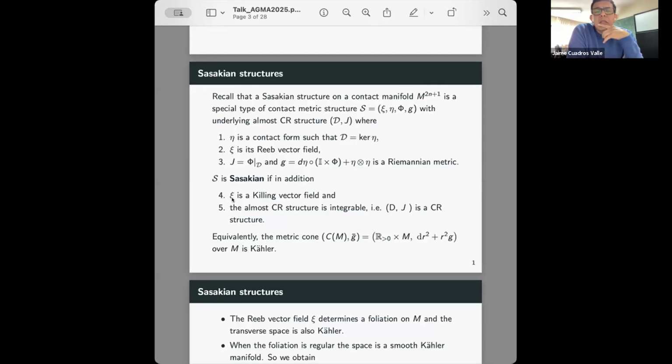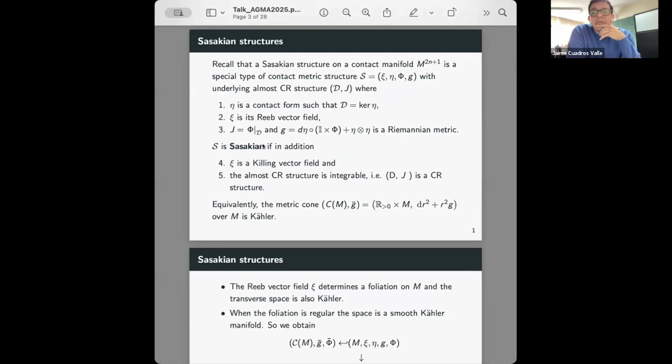The contact one-form will define a contact bundle, or a codimension one subbundle of the tangent bundle, and this contact bundle will determine a CR structure actually, and we will require this structure to be integrable in the usual sense. Usually we call this an almost CR structure that is integrable.